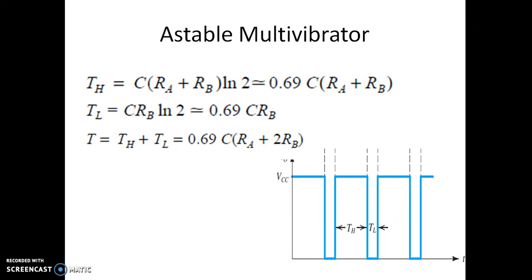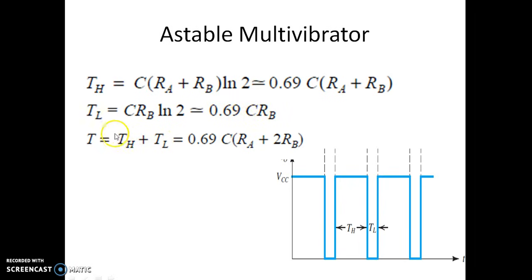As it was said, it remains in the high state and low state for a predefined time. So these are the two equations which describe the timing of high and low. The high time TH is given by C into (RA plus RB) into ln 2, which is 0.69 C (RA plus RB). Similarly, the low time is given by C into RB into ln 2, which is 0.69 C RB.